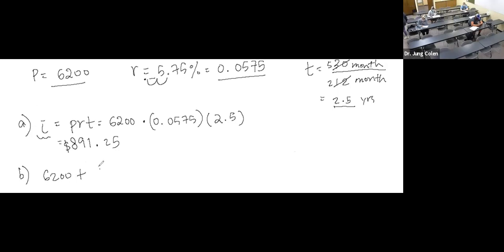Also, she needs to pay the interest. So when you add these two together, that's how much she needs to pay. So it makes sense, right? It's gonna be what? 7,091. So $7,091.25 is how much she needs to pay back.